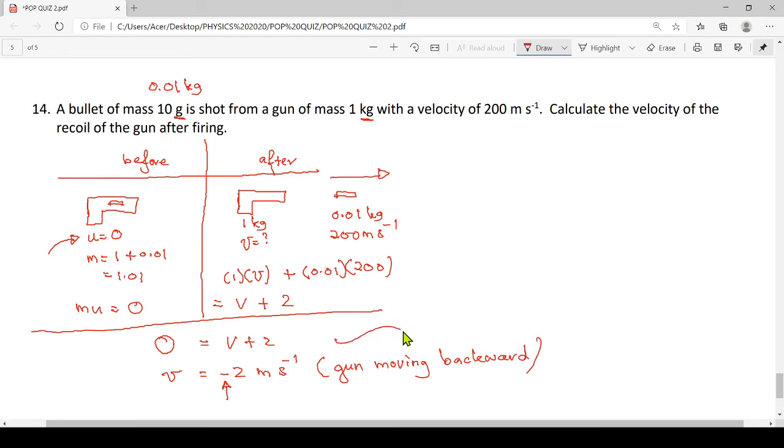This is what we call recoil. Alright, so that's how we answer the question.